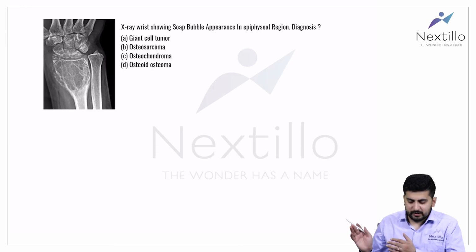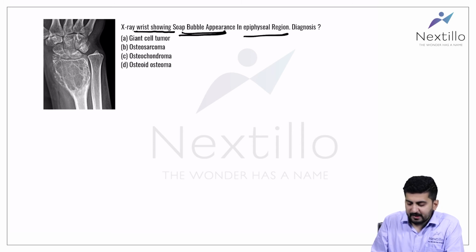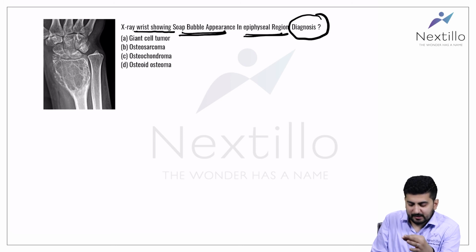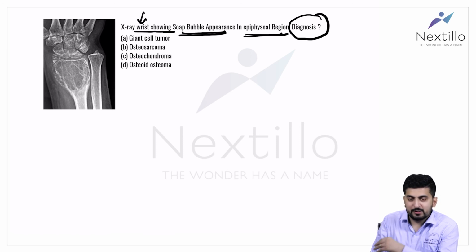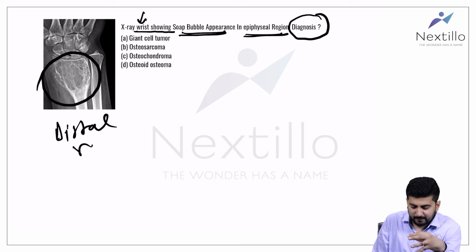Now, this next question asks, an X-ray of the wrist is showing a soap bubble appearance in the epiphyseal region. What is the most likely diagnosis? So, there are three things in this question. The first is that this is an X-ray of the wrist joint and the distal radius is involved.